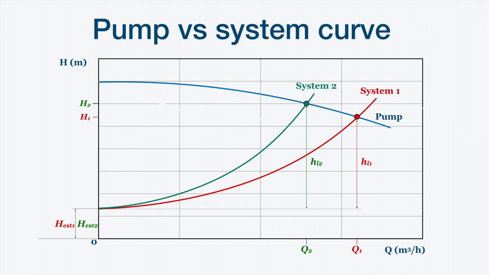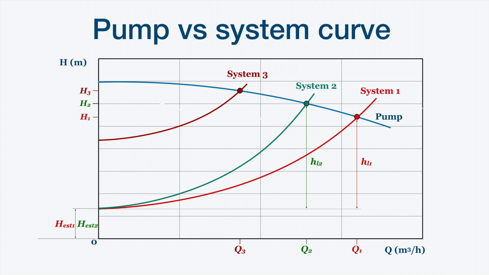Now let's change the static head and let's see what happens. Now the curve is the one of system 3. The operating point will be this, a higher head H3 and a lower flow rate.